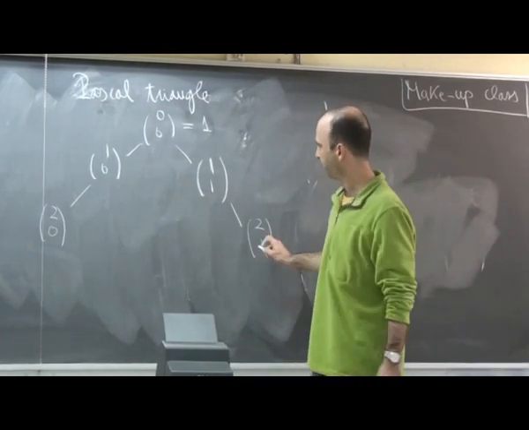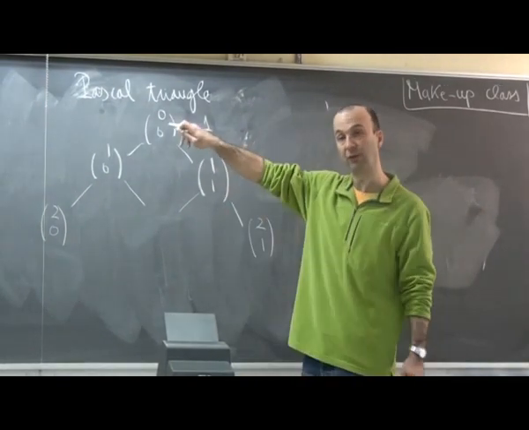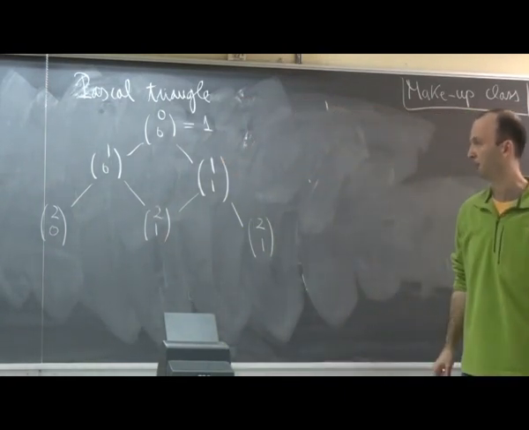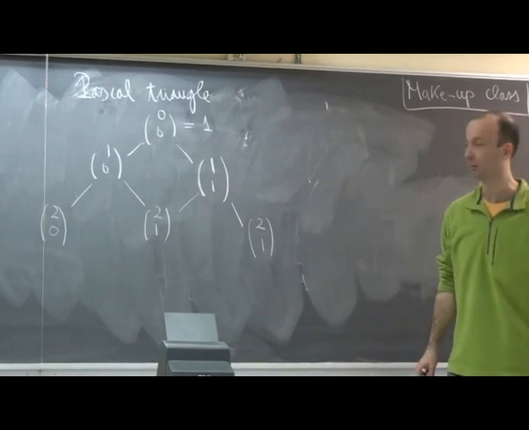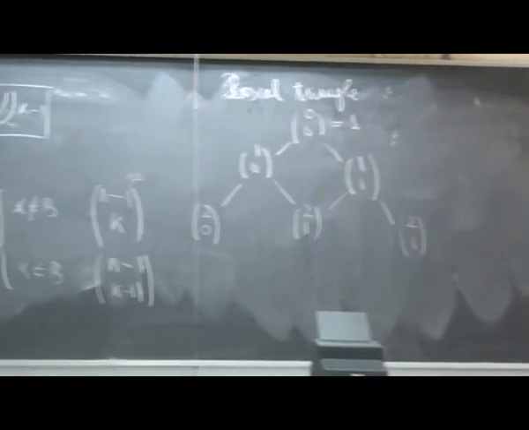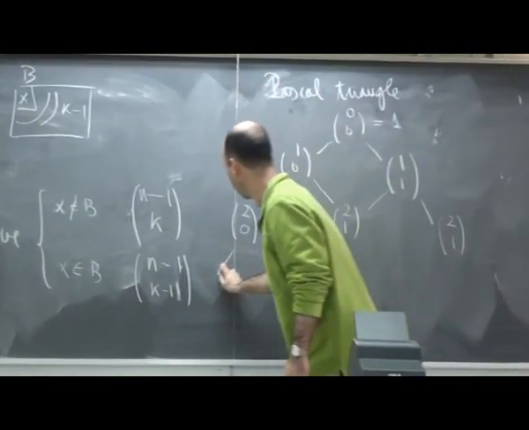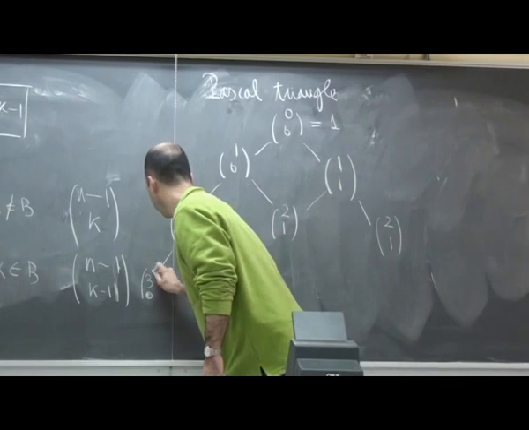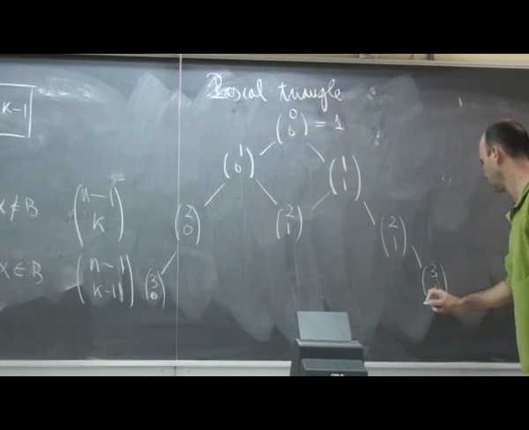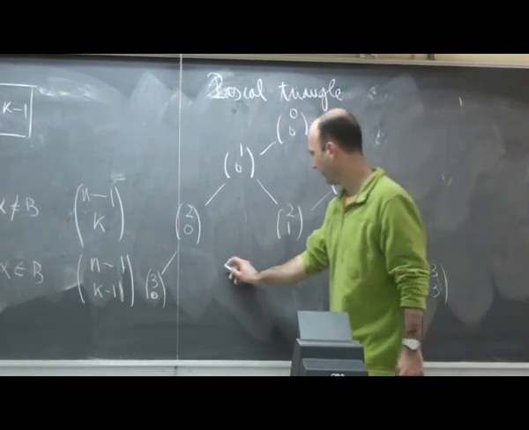The sum of these two, according to the formula, is 2 choose 1. Just put n equals 2 and k equals 1, and you get that. Then I have 3 choose 0 and 3 choose 3. Those are always constant. What do I have to put here?